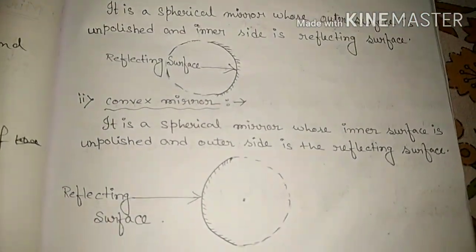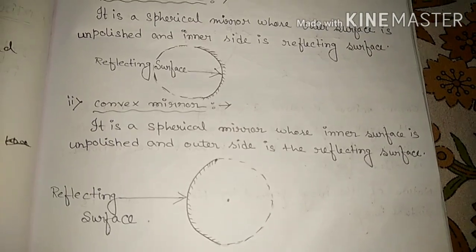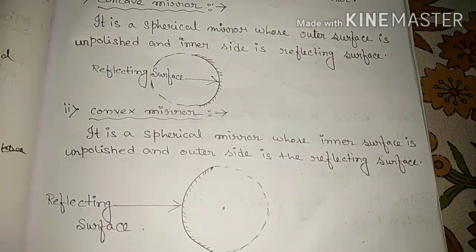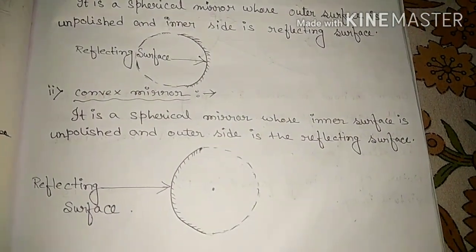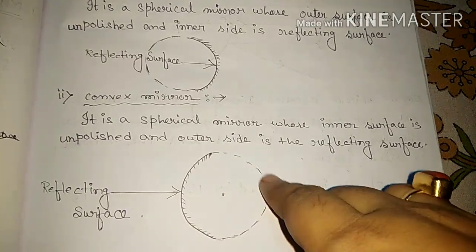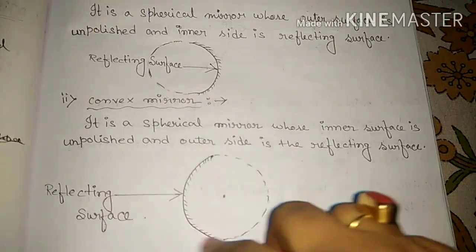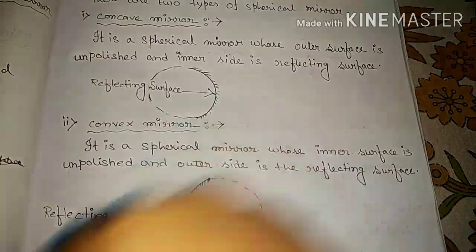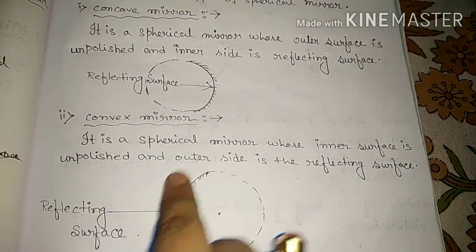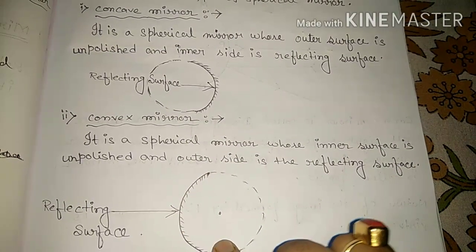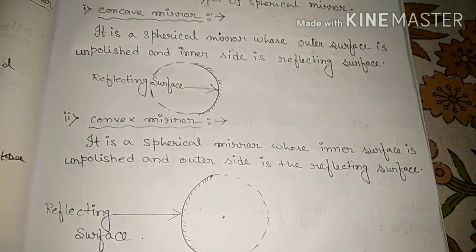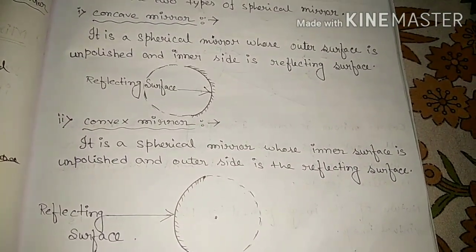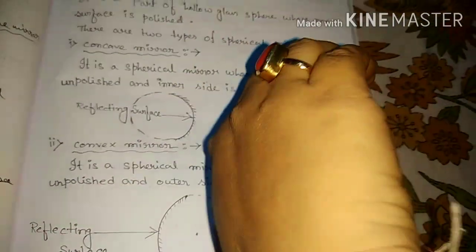Another type is the convex mirror, just opposite to the concave mirror. It is also a type of spherical mirror because you see that if we join it with a dotted line, it looks like a sphere. But what is the difference from the concave mirror? Its inner surface is unpolished but the outer surface is the polished, reflecting surface, like this.